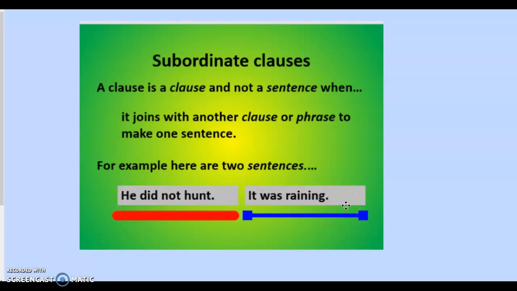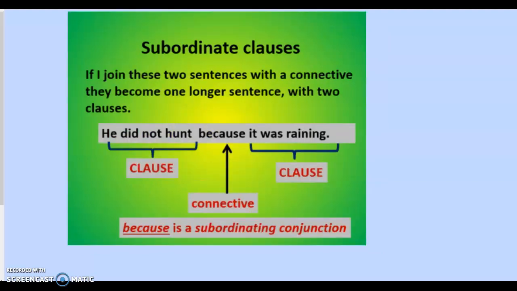Okay, these two sentences can join together to make one sentence, and they can do this using a conjunction. That's when these two sentences won't be two sentences anymore. They'll join together to make one full sentence, and then we will have two clauses. Okay, so let's look at how this can be done.